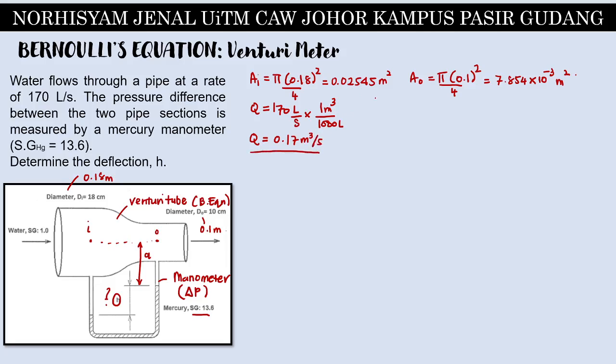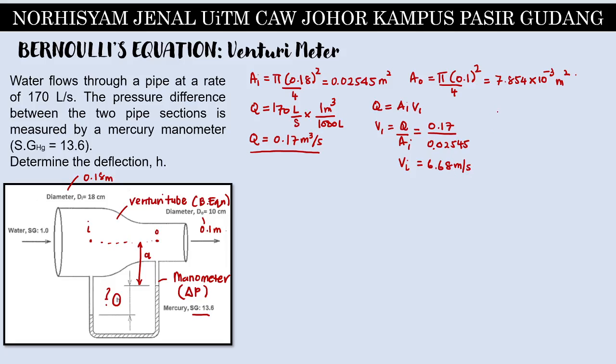Alright, so now we can find out what is the velocity at point I. So Q is equal to AI VI. So VI is equal to Q over AI, which equals 0.17 divided by 0.02545. So VI is equal to 6.68 meter per second.